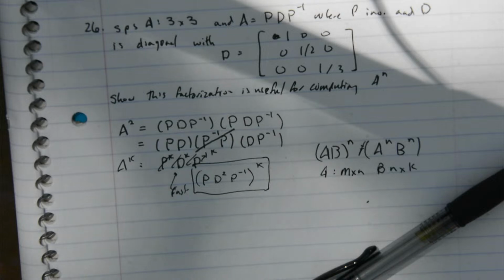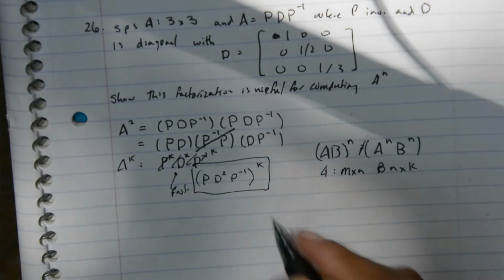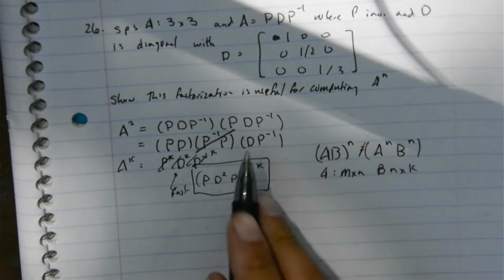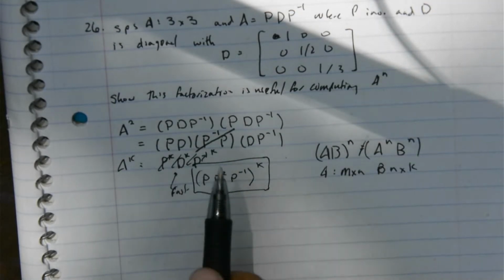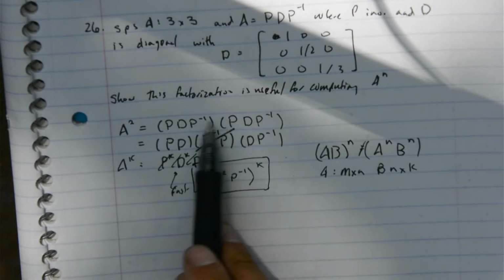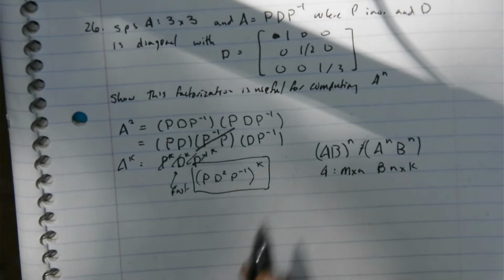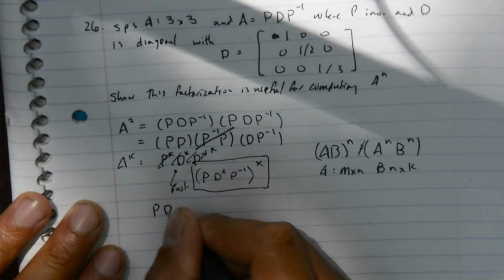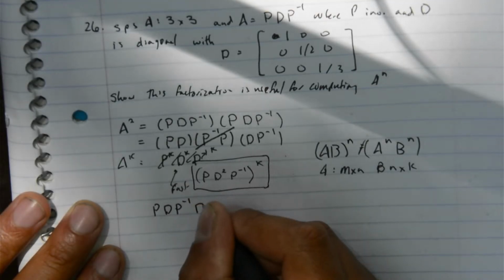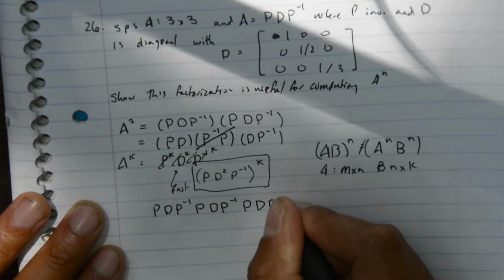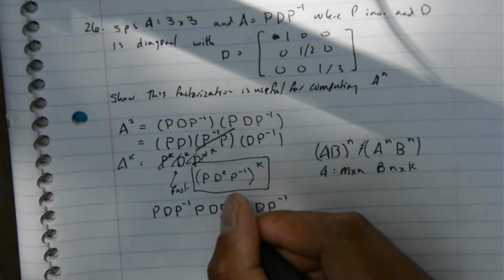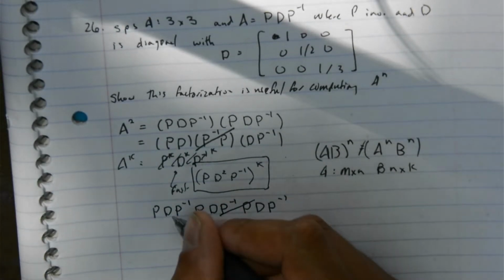Okay, so clearly we have that the inner things here cancel out. So let's just try 3. Why not? P D P inverse times P D P inverse times P D P inverse. So we're going to get these cancel and these cancel.